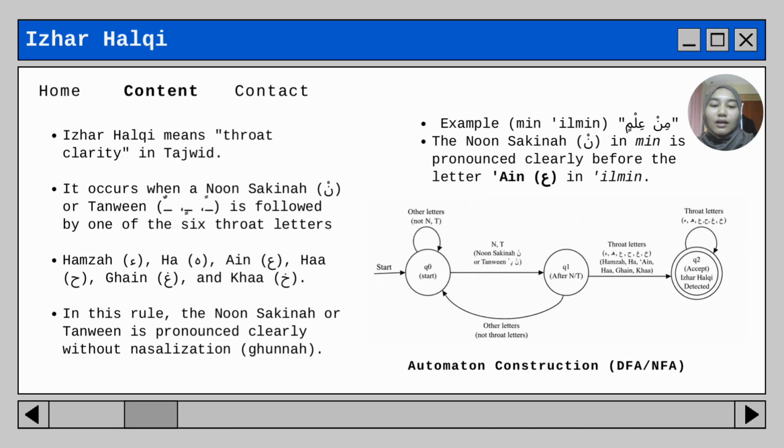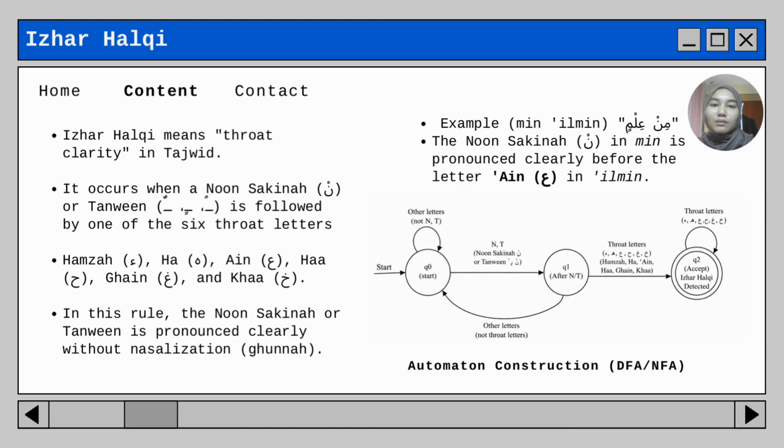As you can see on the screen, this is the diagram of automaton construction. The program will start at Q0 and move to the next state if the letter meets nun sakinah or tanwin.